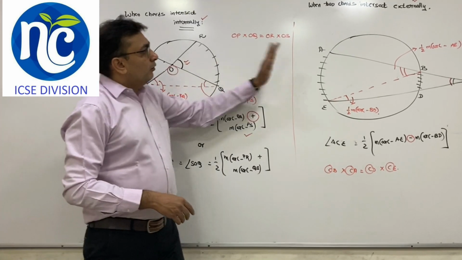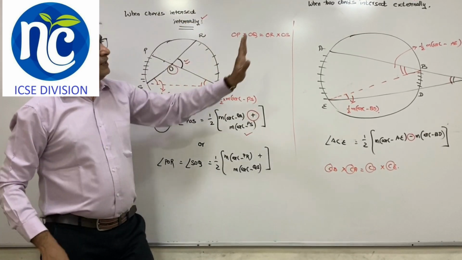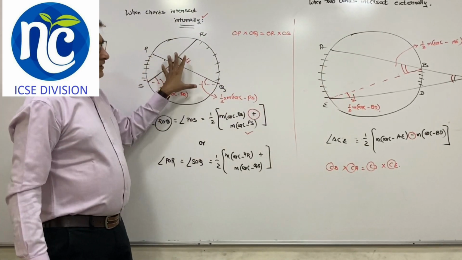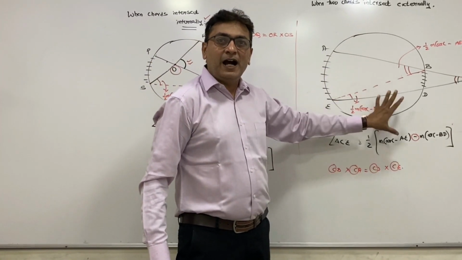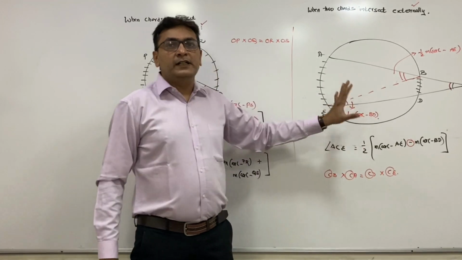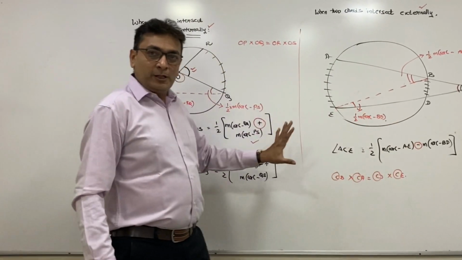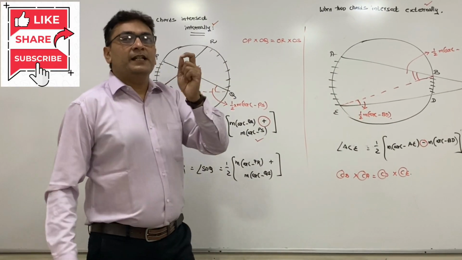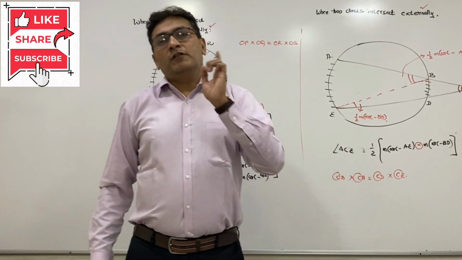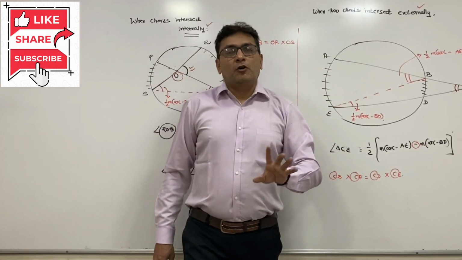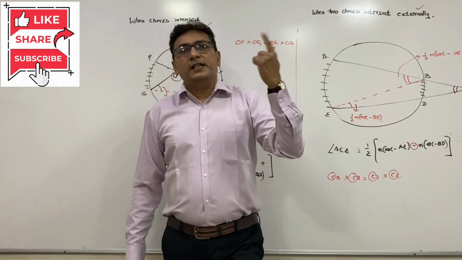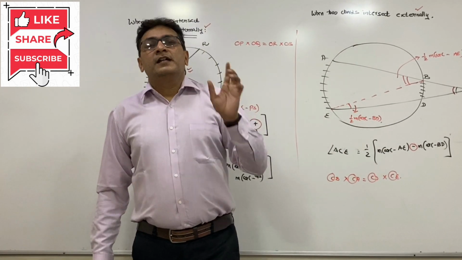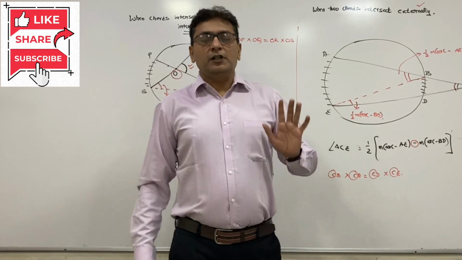Then we moved on to when two chords intersect internally and externally. Internally it is half of the sum of the two intersected arcs, externally it is half of the difference of the two intersected arcs. And in between I took a small concept: a perpendicular line drawn from the center of a circle to the chord bisects the chord. What is the vice versa of that? A line joining the center and the midpoint of a chord is always perpendicular to the chord.